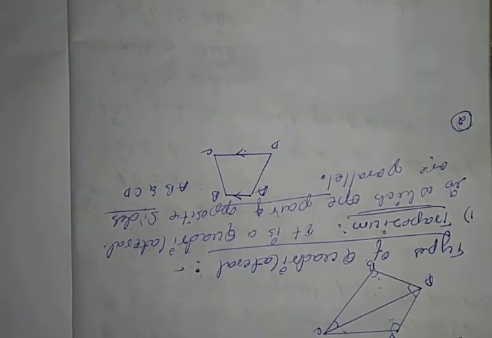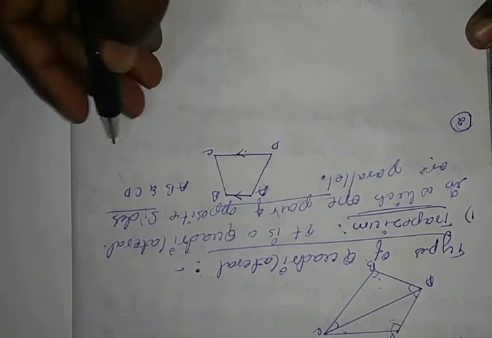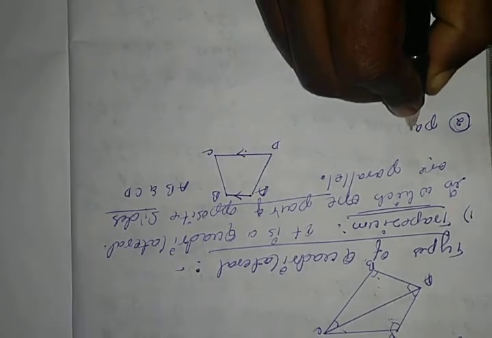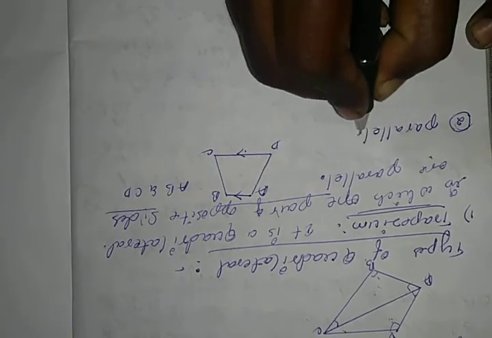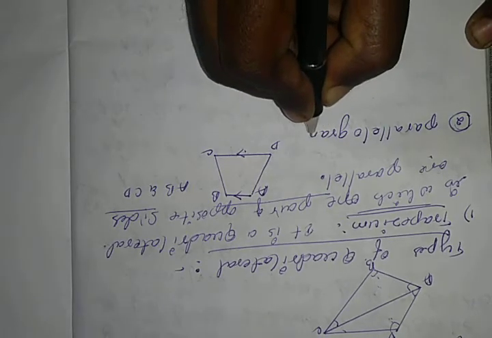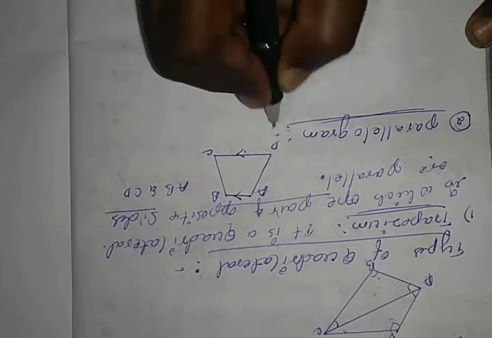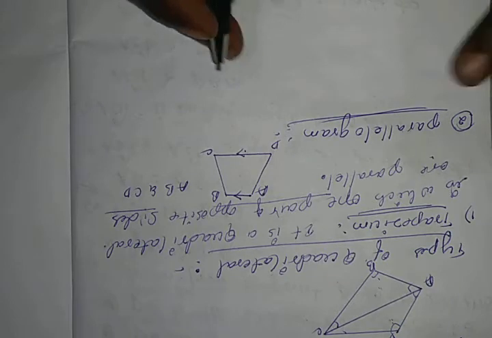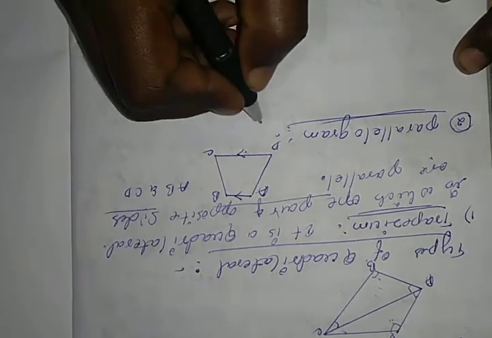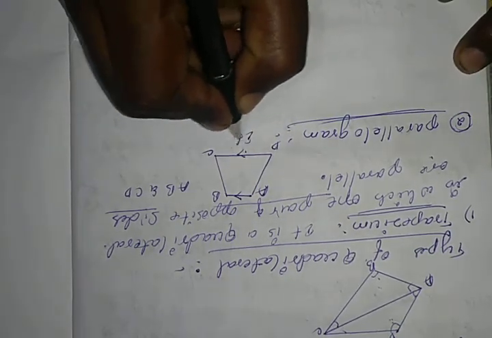Next, the second type of quadrilateral is the parallelogram. You know that it is a quadrilateral. So a parallelogram is one of the types of quadrilateral.